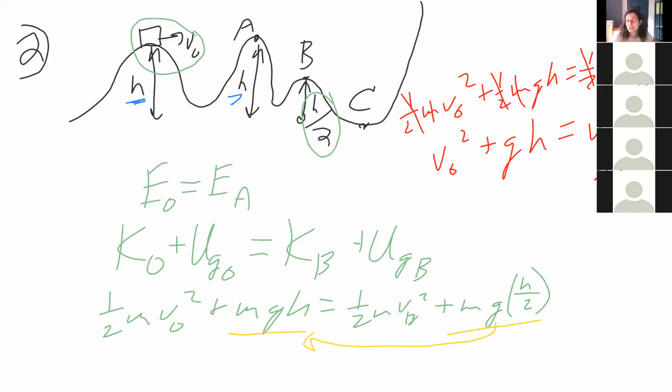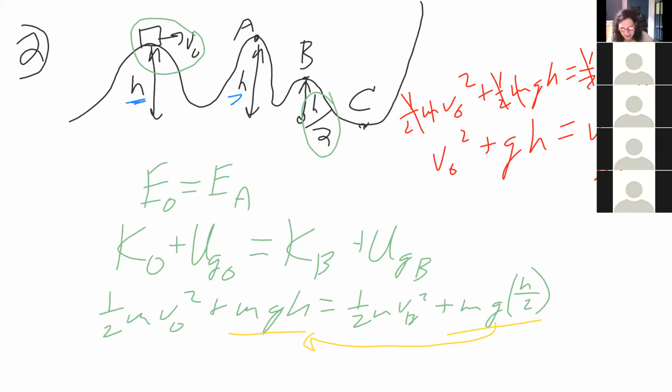As a conceptual check to make sure that your answer is in the right range, you could think to yourself, okay, if I'm losing potential energy as I go from up here to down here, when I lose height, that is a loss of potential energy that will go into the kinetic energy.